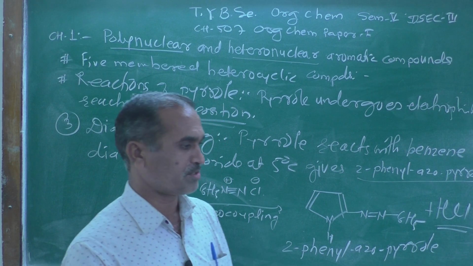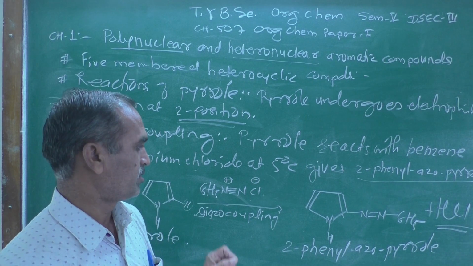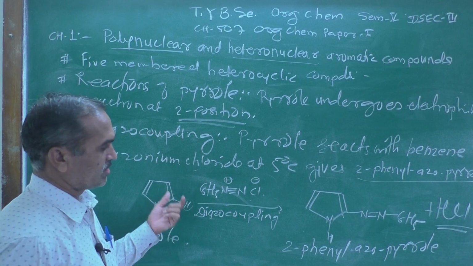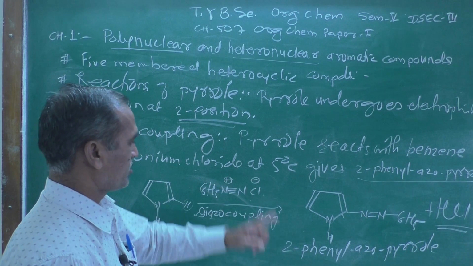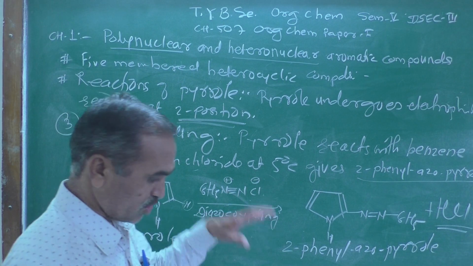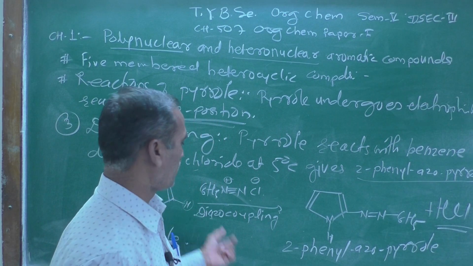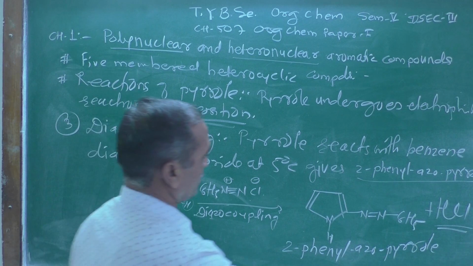That kind of reaction is generally called a substitution reaction. And here one electrophile, H plus, is replaced by another electrophile. A strong electrophile replaces the weak electrophile. H plus is a weak electrophile, easily replaced by this group.